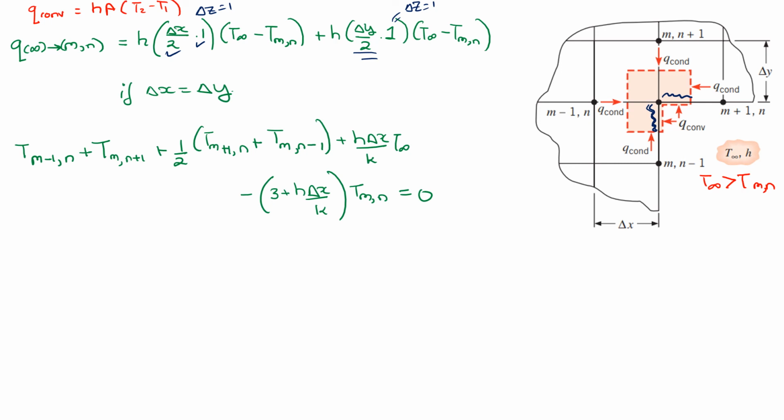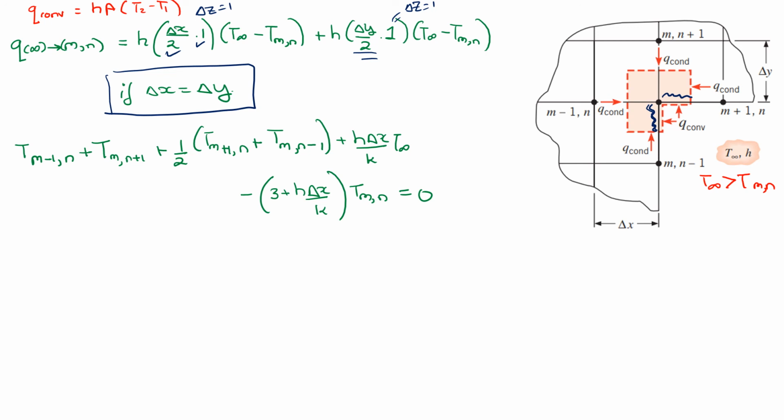Okay, now what if our delta x was equal to delta y? So assume that we draw a mesh or a nodal network where your delta x is equal to delta y.